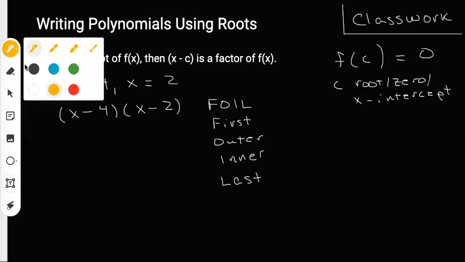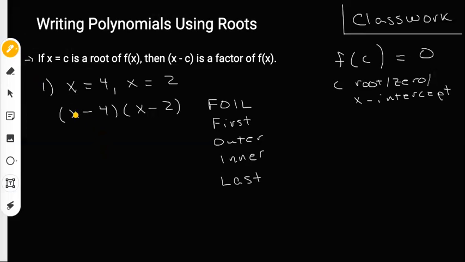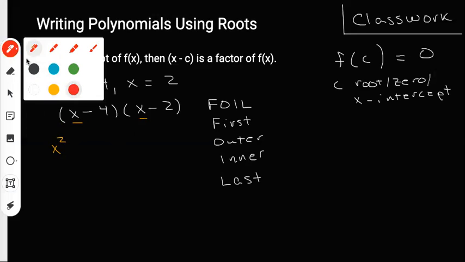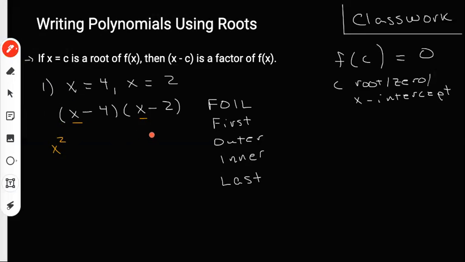The first thing we're going to do is multiply the first two terms, the x and the x. And when we do that, we get x squared. The next thing is to multiply the outer two terms, the x and the negative 2. And that's going to give us negative 2x.